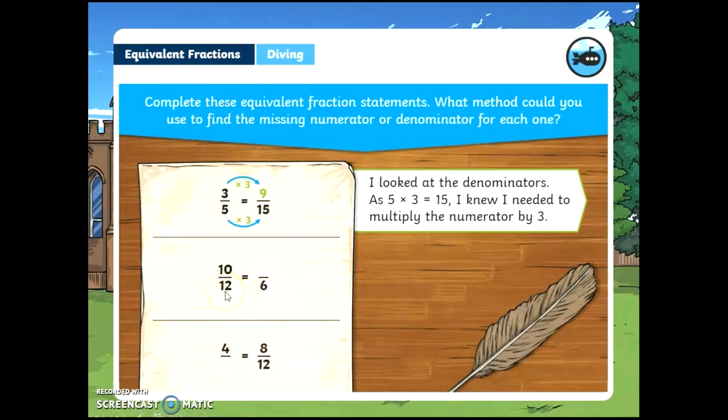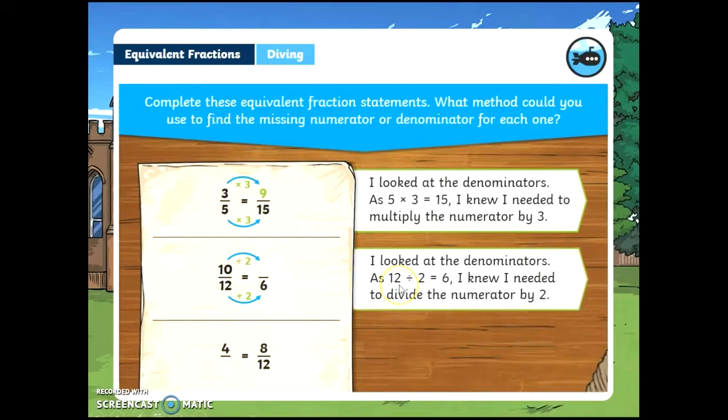So 12 divided by 2 gives me 6. You can also look at it going the other way and say 6 times 2 equals 12, if you find that easier. Now, because I've divided this one by 2, I know I'm going to have to do 10 divided by 2, or think about something times 2 makes 10. Have you got it?